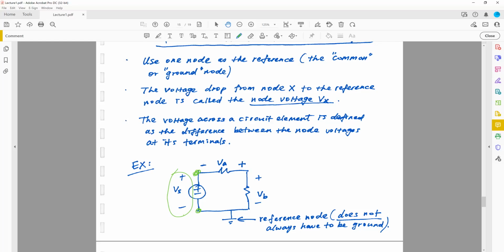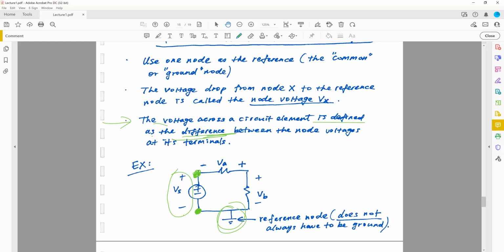This voltage drop is this voltage minus this voltage. But what is this voltage? This voltage has to come from some reference, and that reference I'm going to use ground to represent my reference node. Again, the voltage across a circuit element is defined as the potential difference between node voltages.